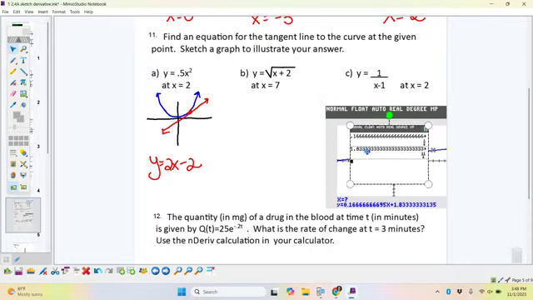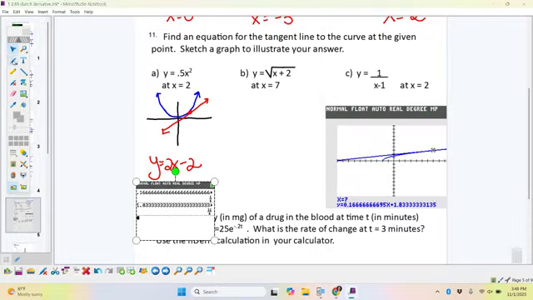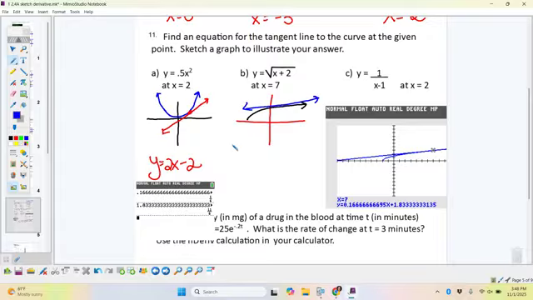Okay, so we got our sketch. We've got our tangent line. And the tangent line equation is y equals 1/6 x plus 11/6.